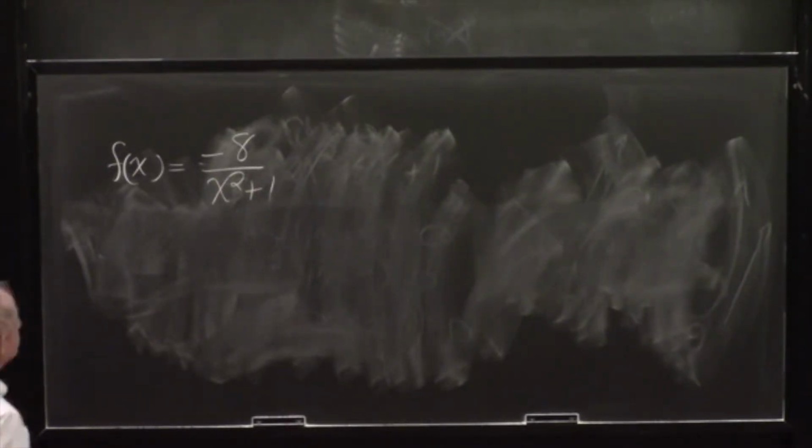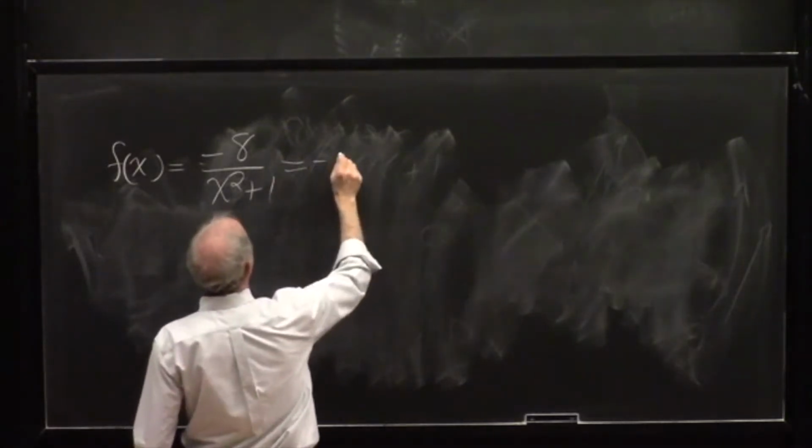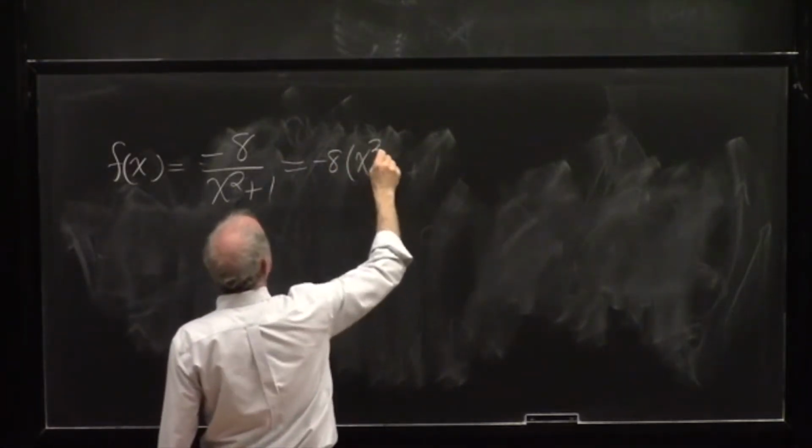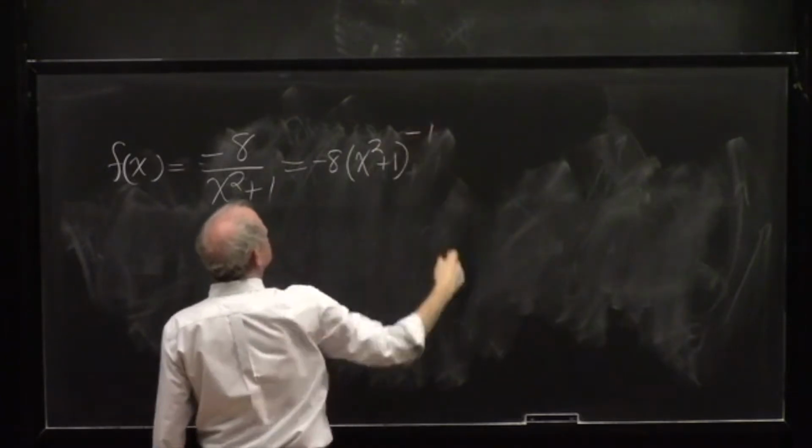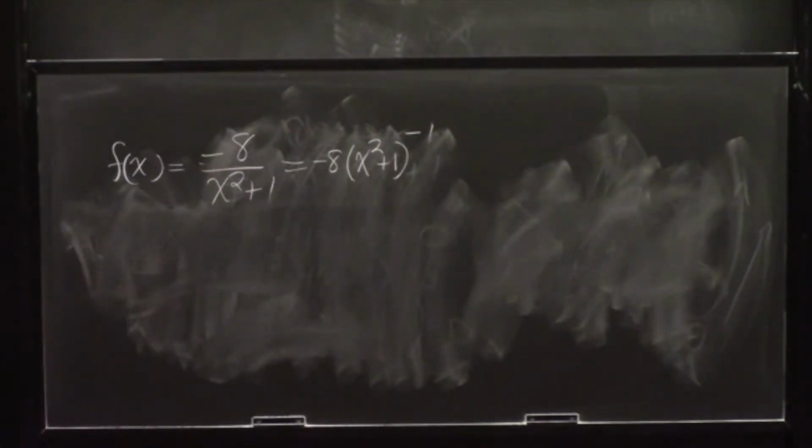Since we're going to take the derivative, you could rewrite that as negative 8 times x squared plus 1 to the minus 1. And we want to take the derivative of that.